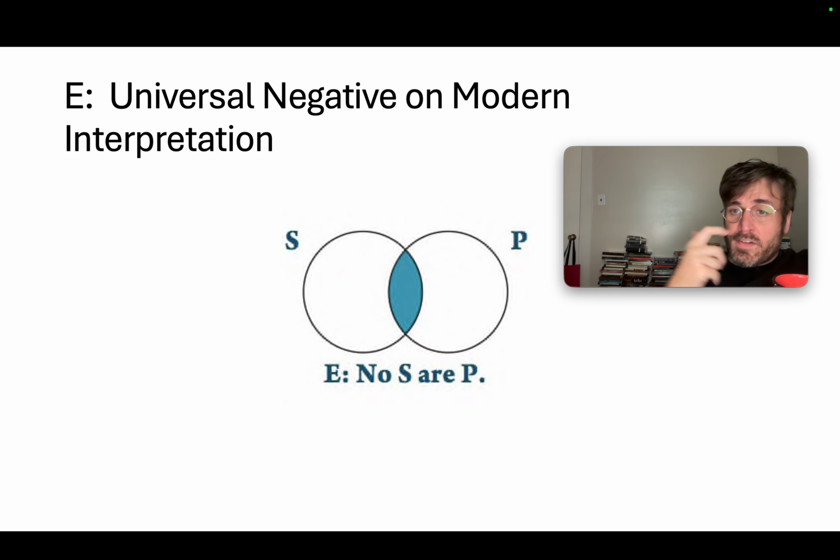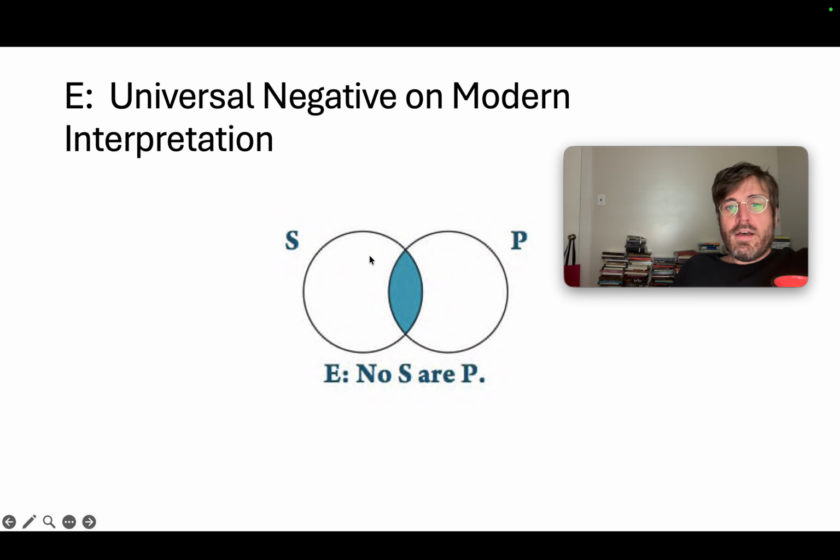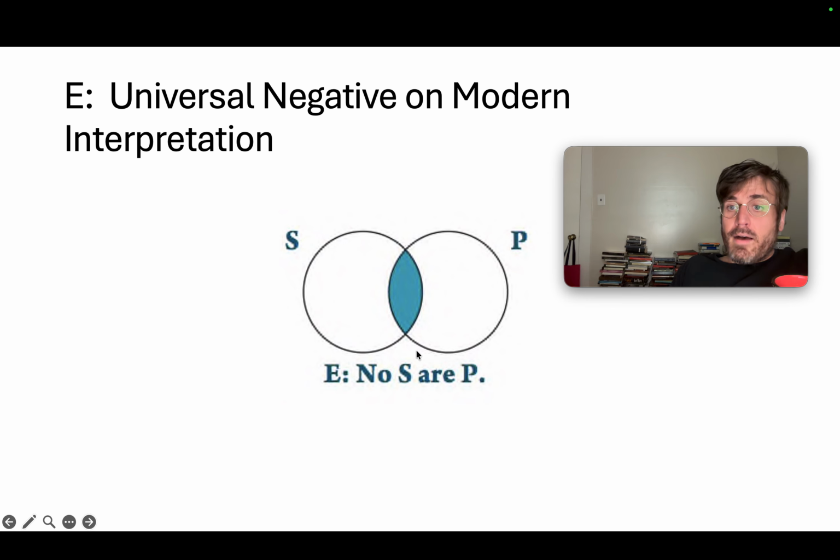And this proposition is saying that doesn't exist, right? So we are shading region 2. Every S that exists is out here, and every P that exists is out here in region 3. Okay, so the E proposition includes shading in region 2. All right.